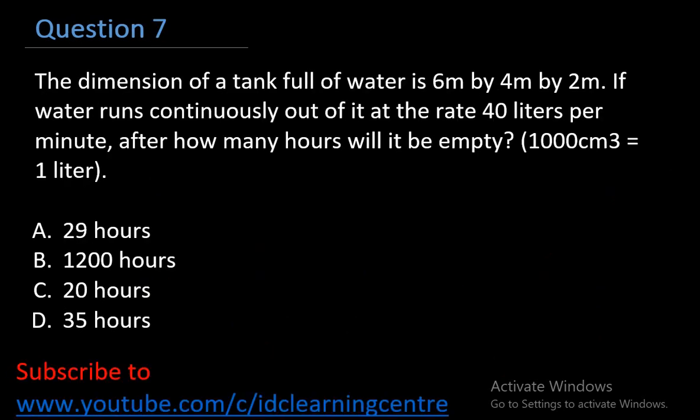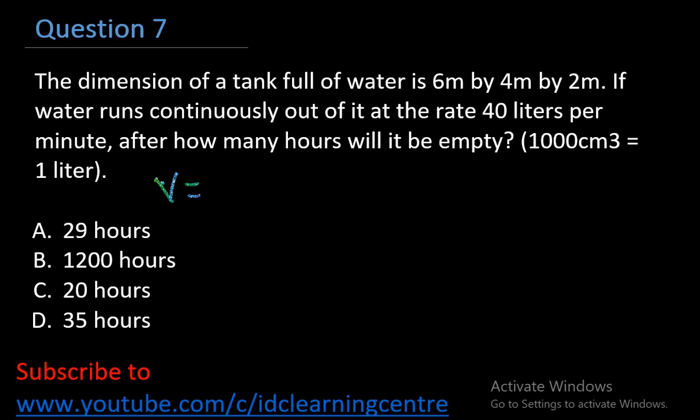Question 7 says, the dimension of a tank full of water is 6 meters by 4 meters by 2 meters. If water runs continuously out of it at the rate of 40 liters per minute, after how many hours will it be empty? We need to find the volume of water in the tank.